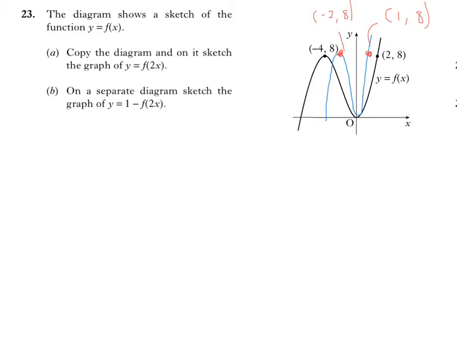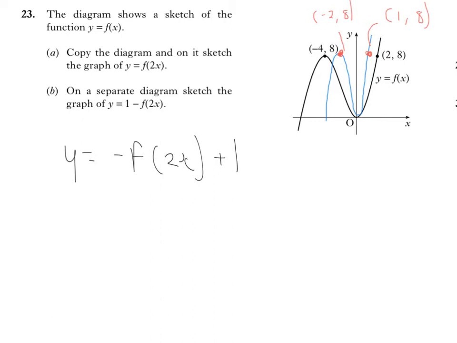Part B then says, on a separate diagram, sketch the graph of y equals 1 minus f of 2x. Now, to get going, the best way of thinking of that is actually minus f of 2x plus 1. It's a wee bit more intuitive as to what to do. So remember, for multiple transformations, what we need to do is think about BODMAS.